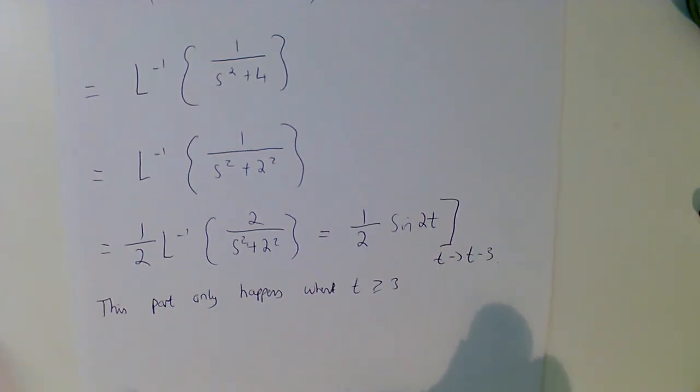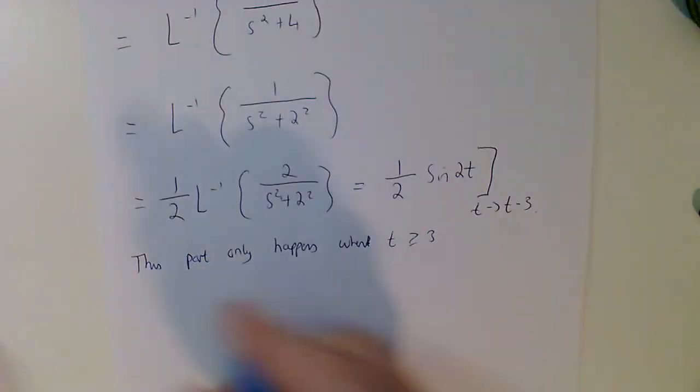So up until 3 seconds, or if your time's measured in seconds, this wouldn't be involved. But as soon as it hits 3, this would then be added into the function that we're dealing with, or the solution that we've got.